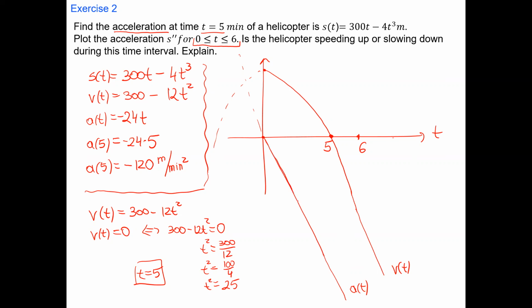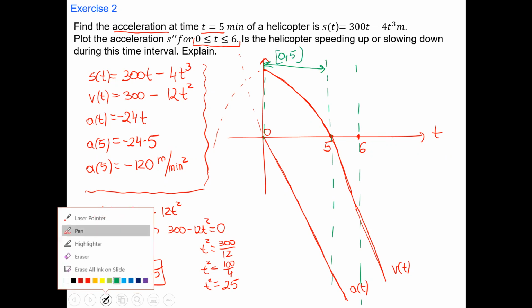Acceleration actually is negative for all of the values between 0 and 6, because it's below the x-axis. Velocity is positive above the x-axis between 0 and 5, and negative here. We're looking at 0, 5, and 6.